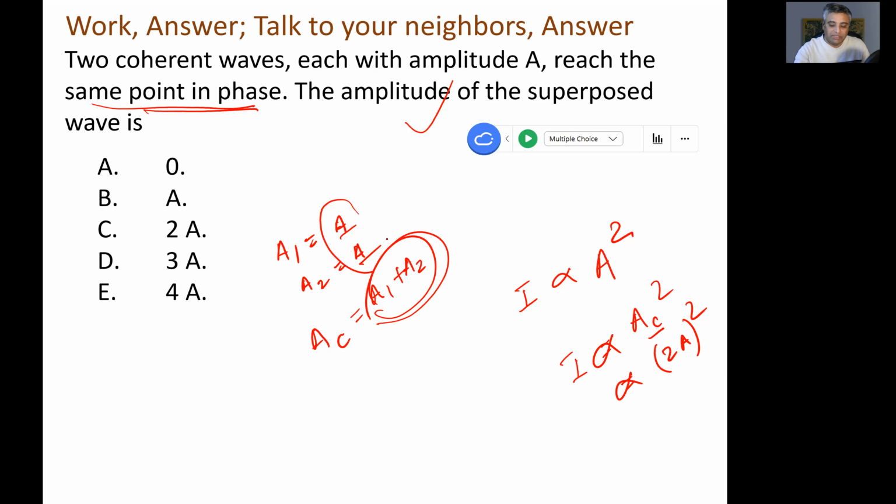So intensity becomes 4 times the original A squared. So when amplitude is doubled, intensity becomes 4 times larger. It's a square relationship, okay?